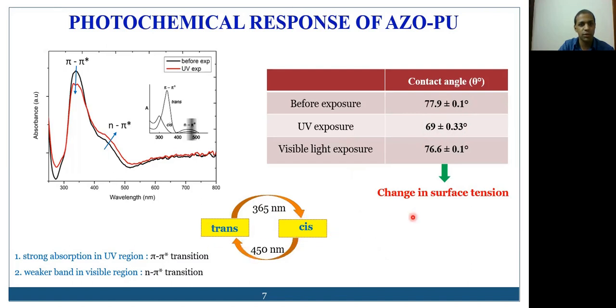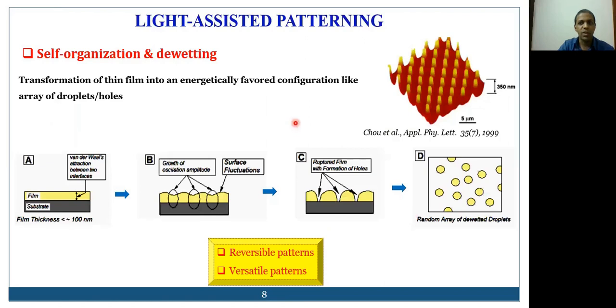Now, we have used this azo-PU to illustrate light-assisted patterning by the mechanism called self-organization. A thin polymer film spin-coated at high RPM is thermodynamically unstable.